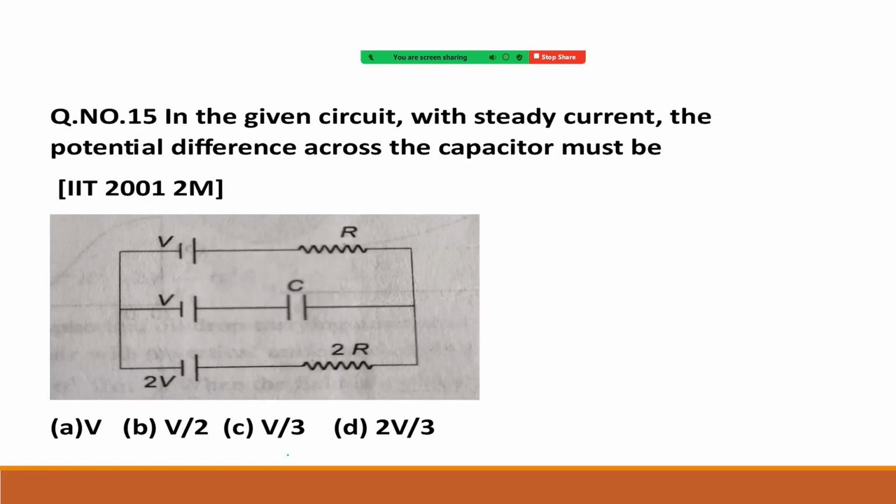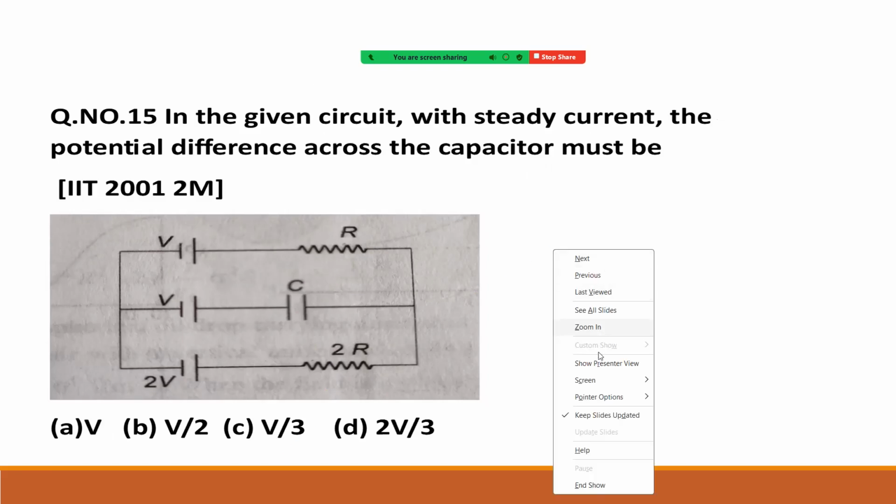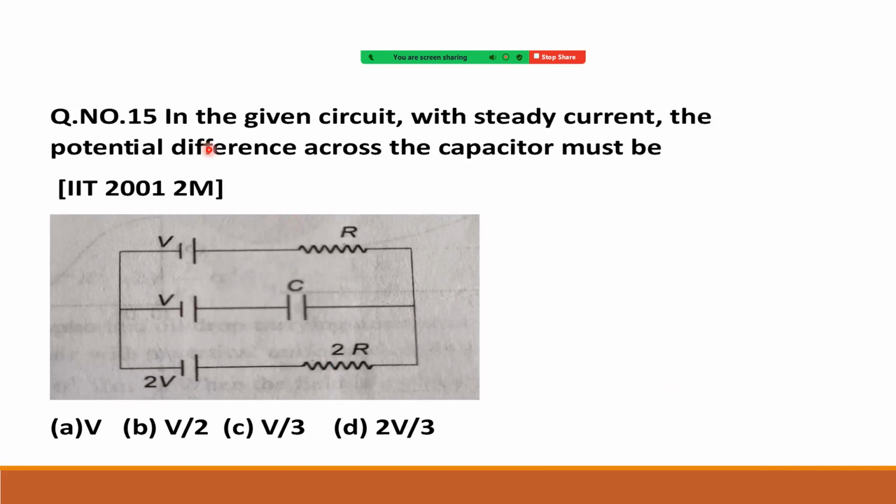See the next one. Let's see the question. In the given circuit with a steady current, it means the capacitor is fully charged. It means no current flows in this branch. So whenever steady current is mentioned, we have to keep in mind the capacitor is fully charged.